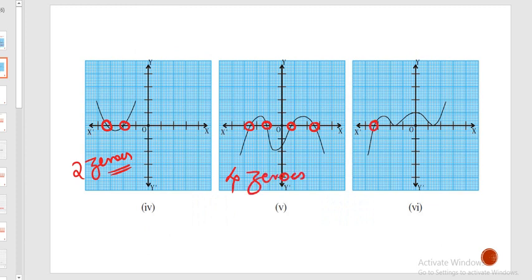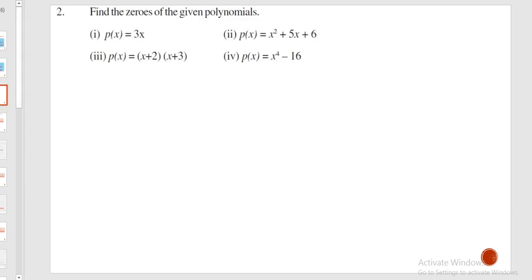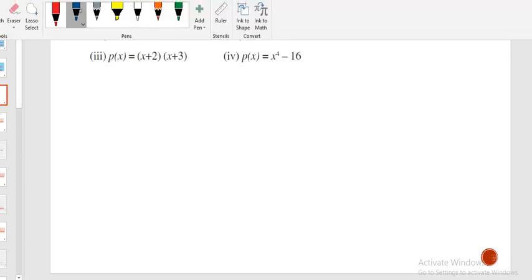Next, here 1, 2, 3, so totally 3 zeros we have for this particular situation, right? So likewise, by looking at the graph itself, we should say how many zeros are there for the given question, right?